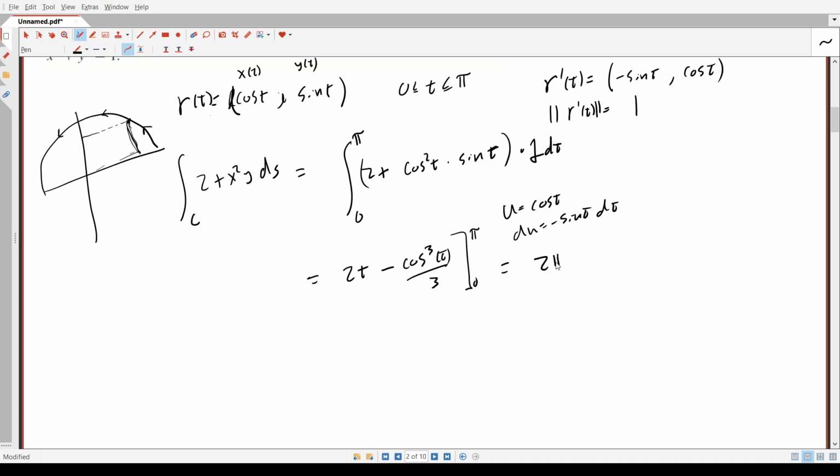So that's 2 pi minus, cosine of pi is negative 1, and then we do minus 0, minus cosine of 0, which is 1, over 3. So we have 2 pi, plus, that's positive, 2 pi plus 1/3.